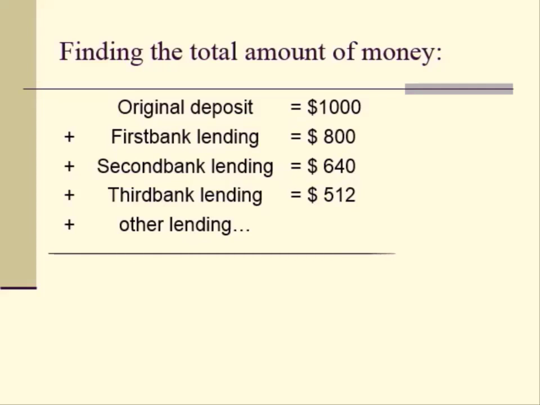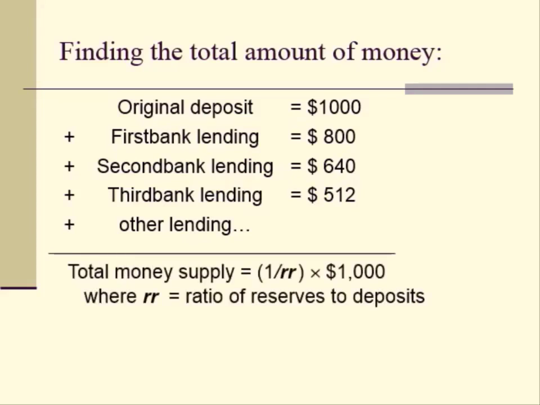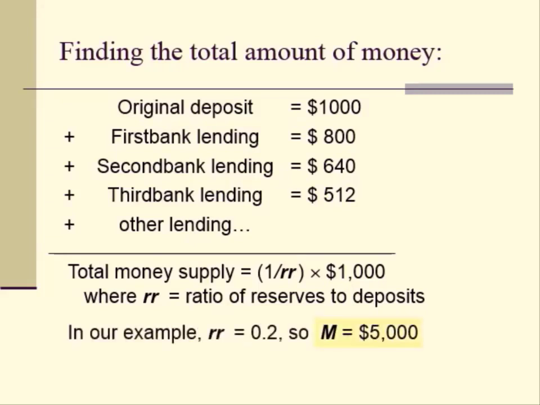And then the total money supply, using a geometric series, I can show the work. So at the end, you can derive this formula. The total money supply should equal 1 over the reserve deposit ratio times the original deposit.